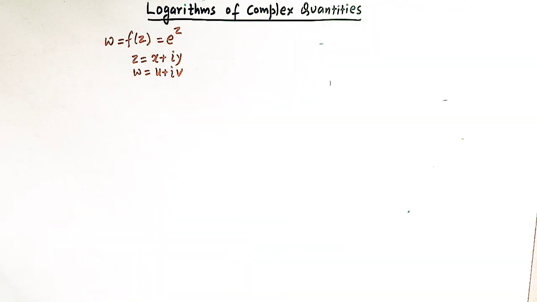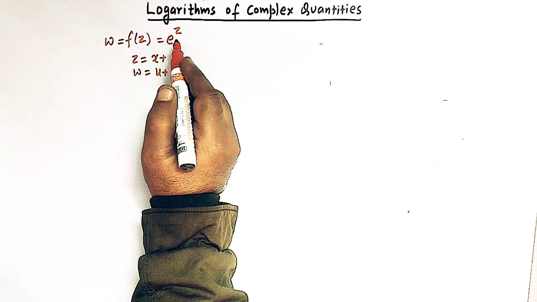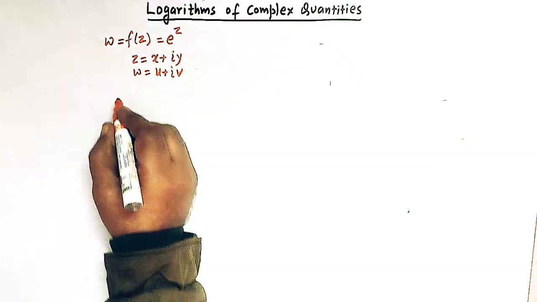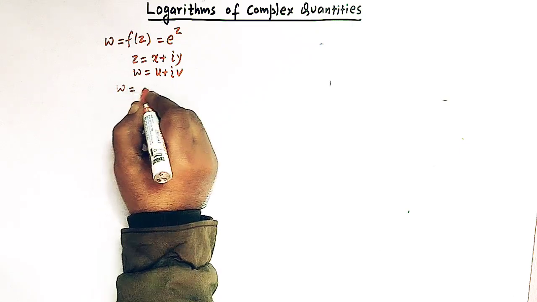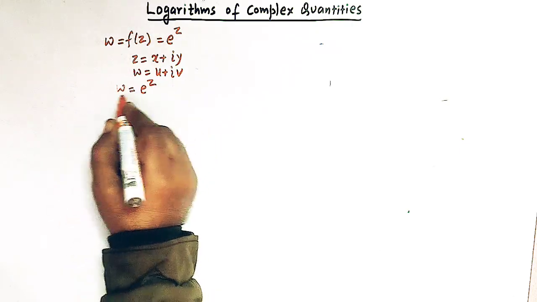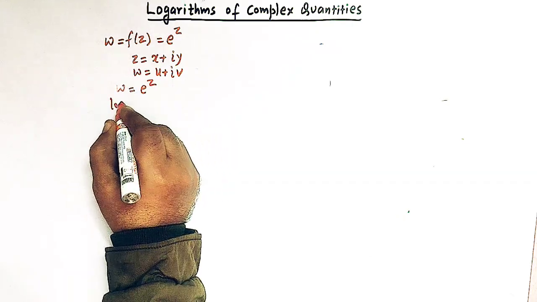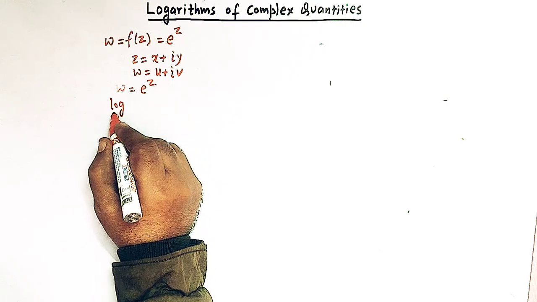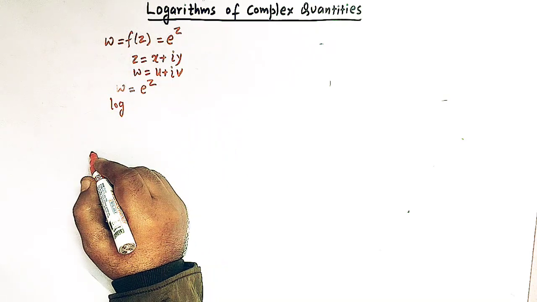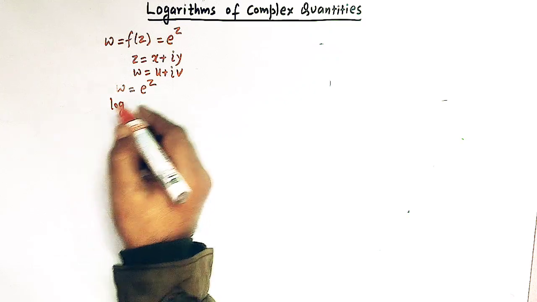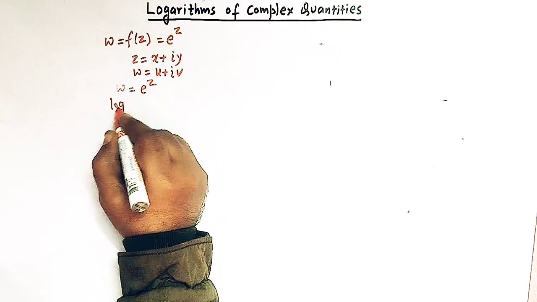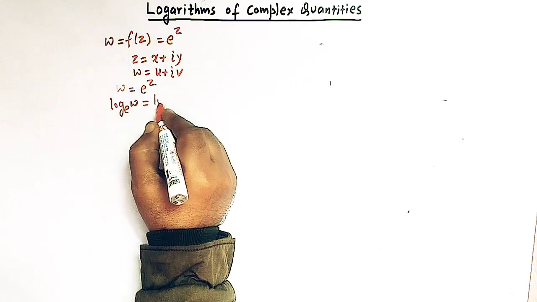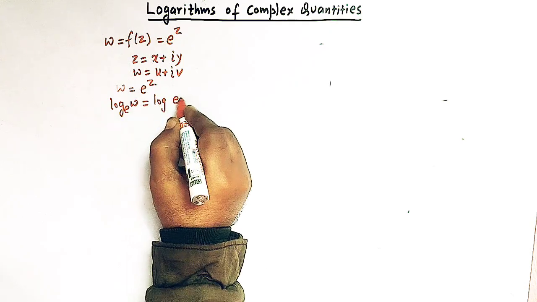So now let us define the logarithm of this complex number w. So w is equal to e raised to z, and if we take the logarithm of both sides, where the base of the logarithm is the exponential number, we can write log w to the base e is log of e raised to z.